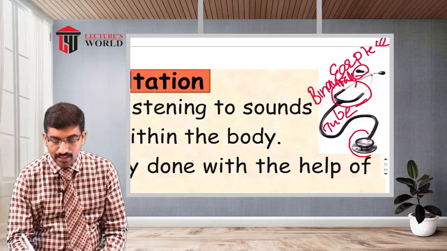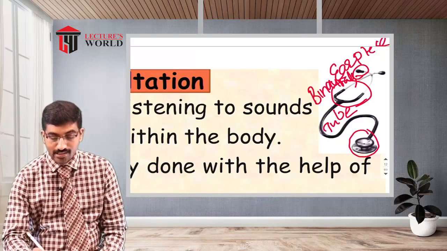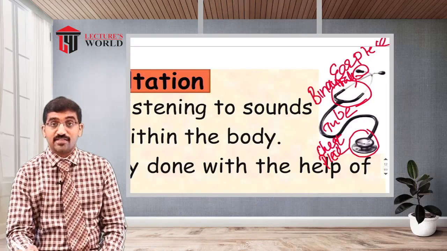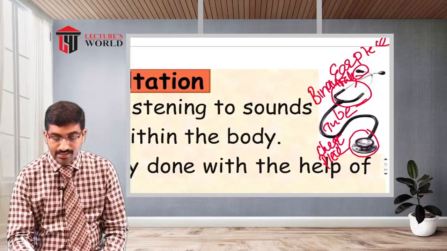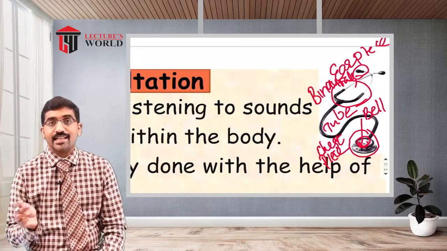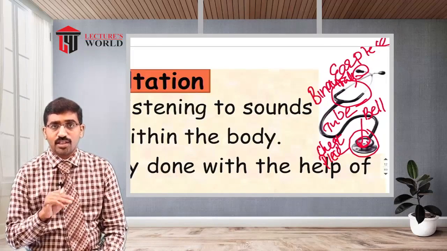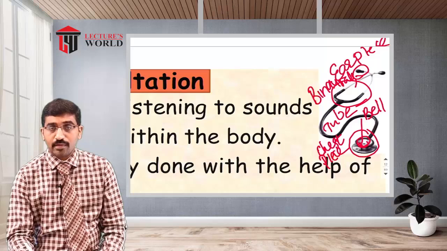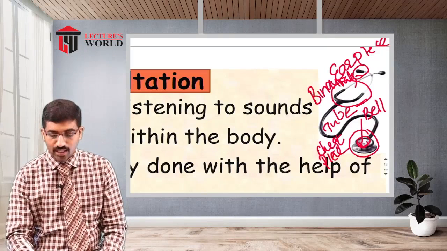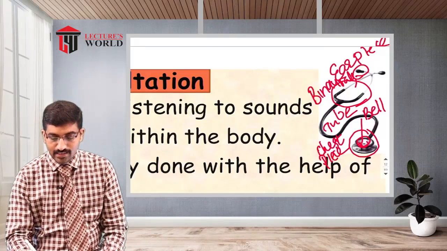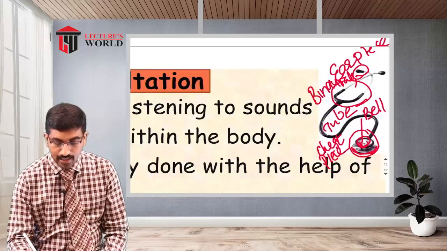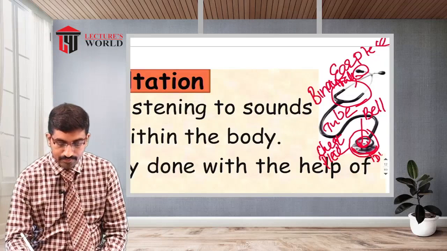Then this complete diagram is known as the chest piece, which we are going to keep on the body. So this is the bell. This small part is the bell, because for hearing low sounds we use the bell. For a pediatric case, for a child also, we can use this small part, right? And this biggest area, this big part, we generally use, and that part is known as the diaphragm.